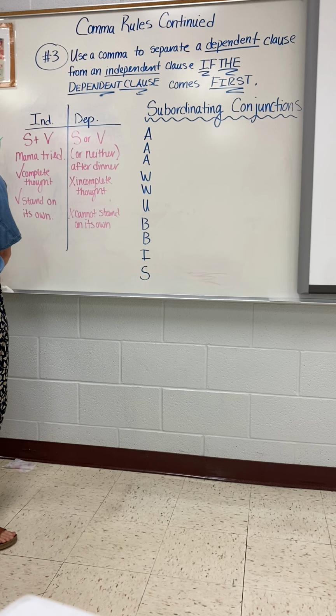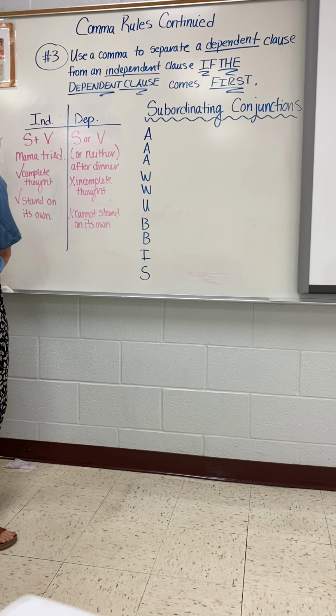So, really quick, before we get into some examples, I want to do a quick review of independent and dependent clauses. So remember, an independent clause is going to be made up of a subject and a predicate, which is essentially a subject and a verb and a complete thought. So, for example, Mama tried, right?